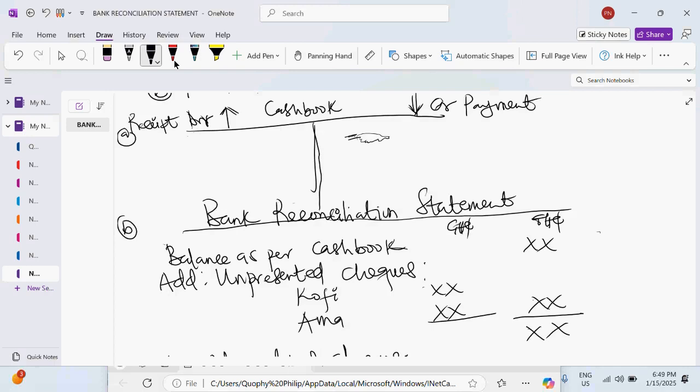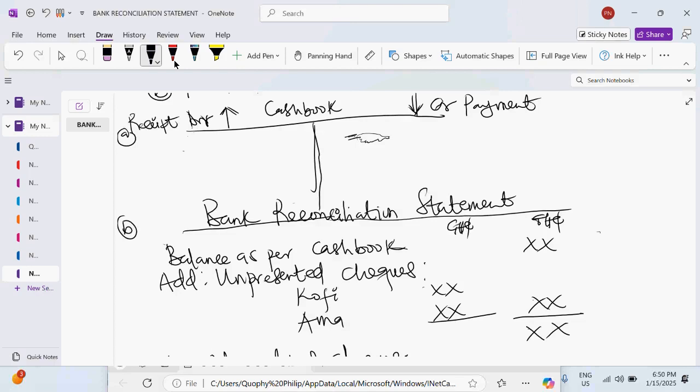On the other hand, if we receive a check and we debit our cash book, the bank would credit their account. So it is when we debit in our cash book, they would credit. So that is the debit credit. So that's the rationale.